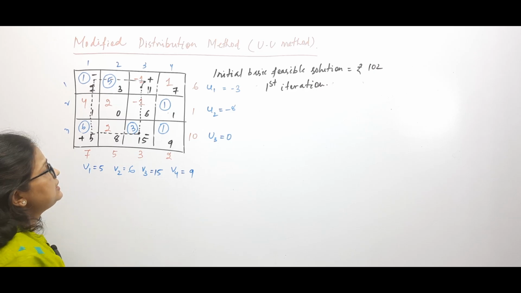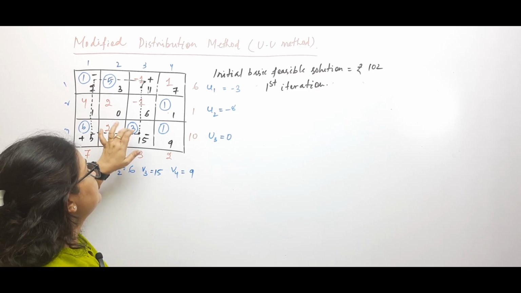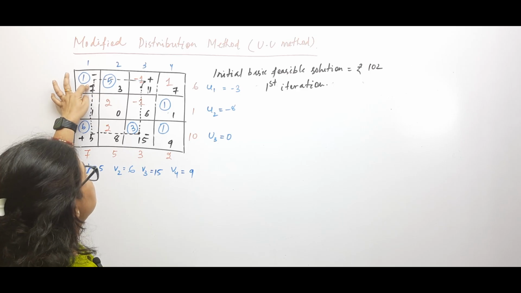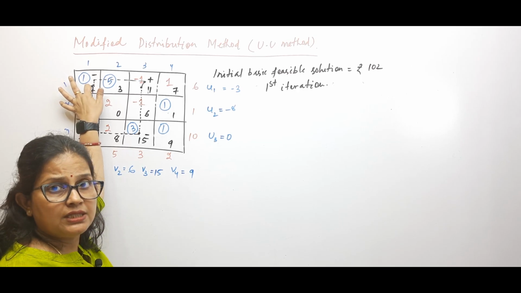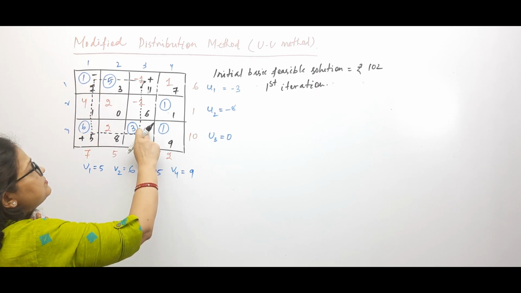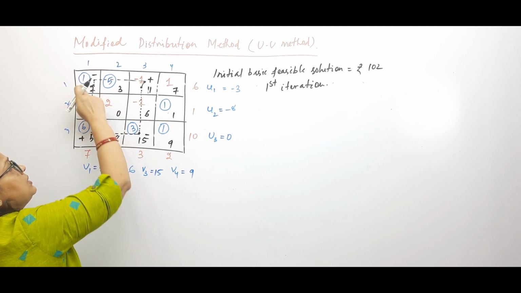Now what is the next step? The next step is to see where in the closed loop there is a negative sign and an allocated cell. The negative sign is here and here. These are two allocations.